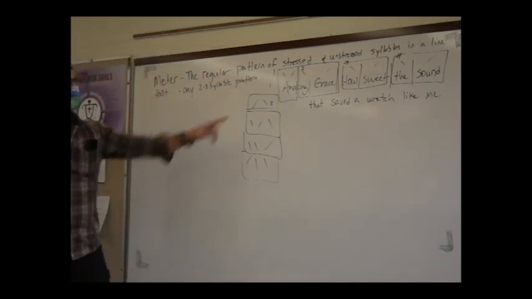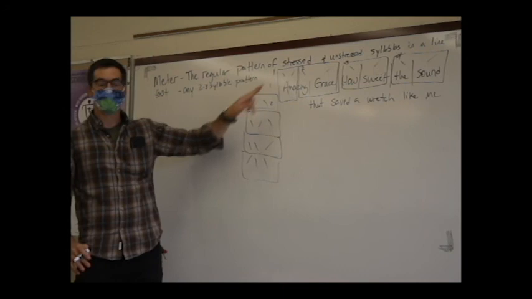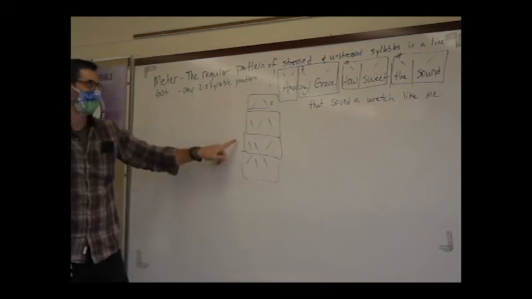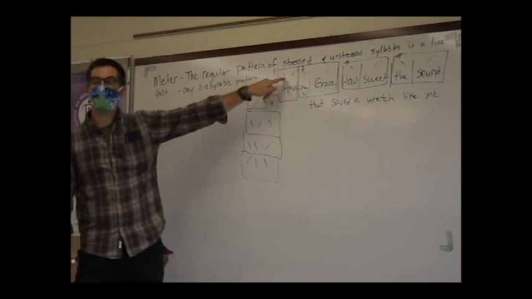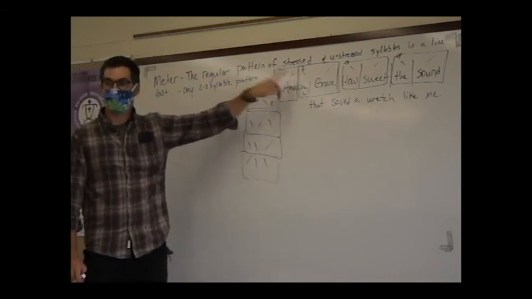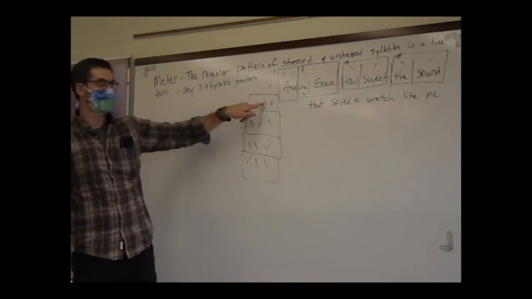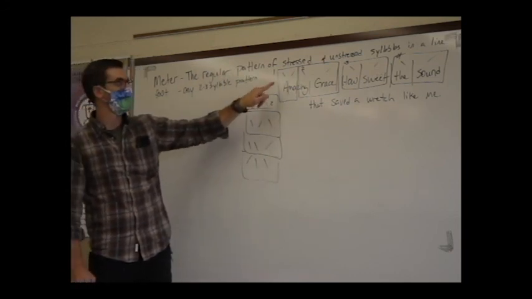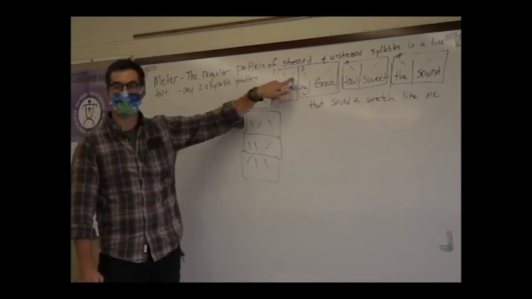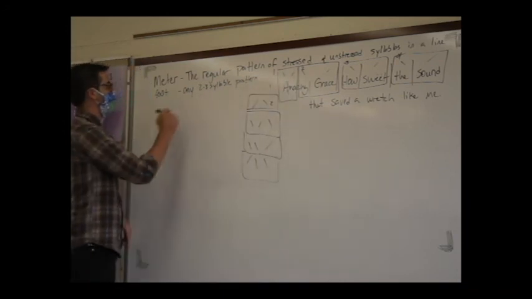But this pattern, specifically this pattern, as opposed to any of these other patterns, and there's more than just these, this pattern that's used in Amazing Grace, which is 1 unstressed and then 1 stressed, and that's different than this, 1 stressed and 1 unstressed, but specifically a 2-syllable pattern where the first one is unstressed and the second one is stressed. That's called an iamb.